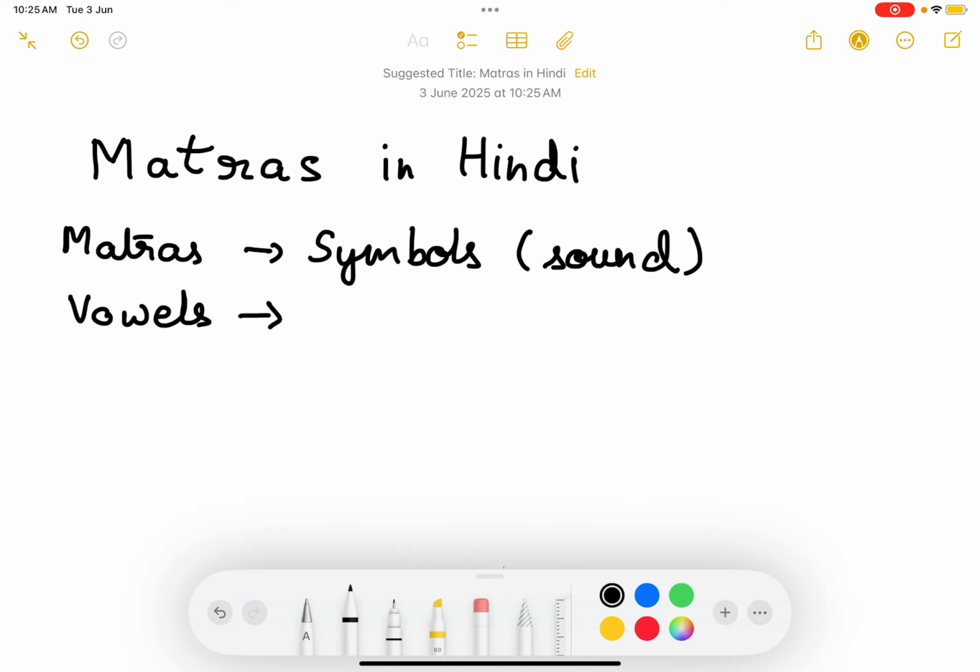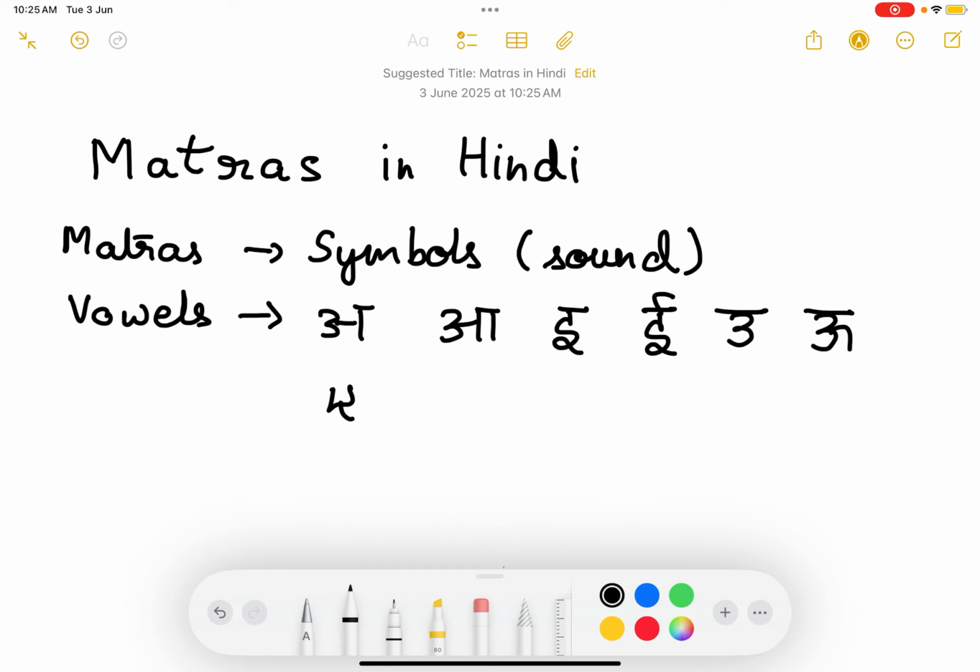We learned about all these vowels in Hindi or Devanagari script, something like a, aa, i, ee, u, oo, e, ai, o, au. So these were all the vowels that we had seen in our last lesson.